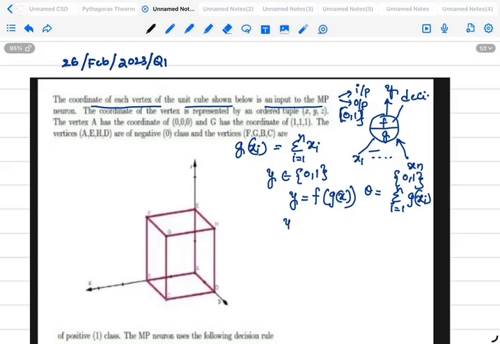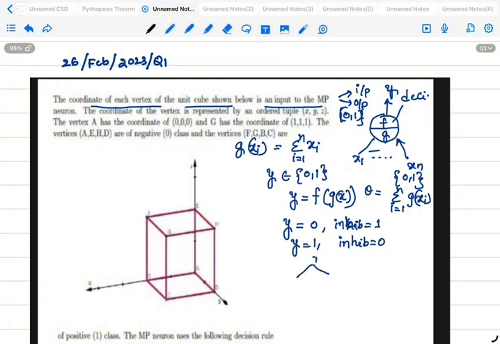And y equals 0 when an inhibitory input is on, that is, the inhibitory input is 1, and y equals 1 when the inhibitory input is 0. There are two types of inputs, inhibitory inputs and excitatory inputs.